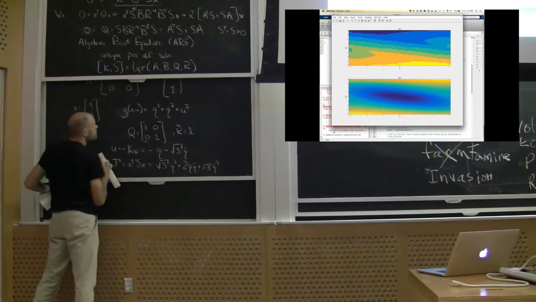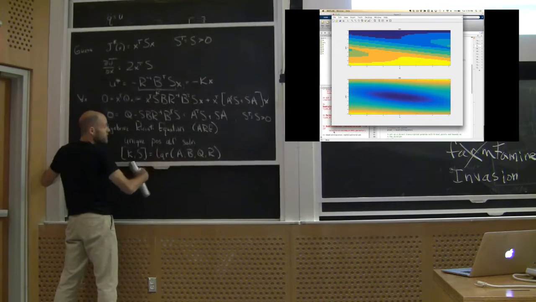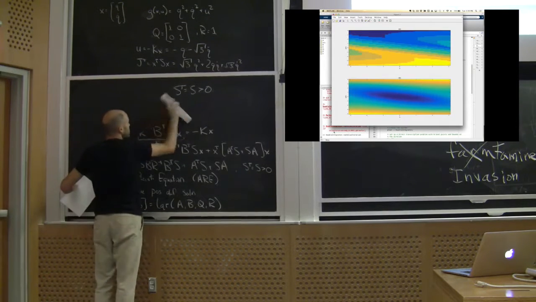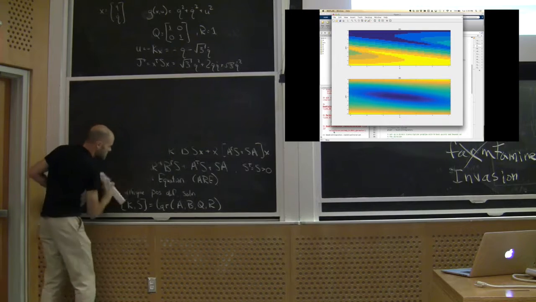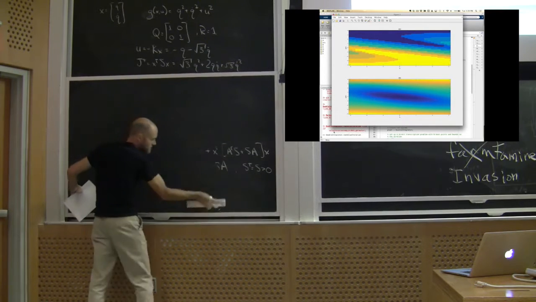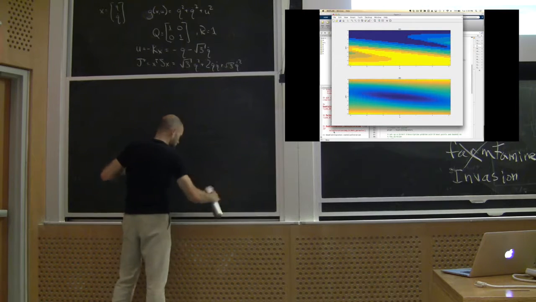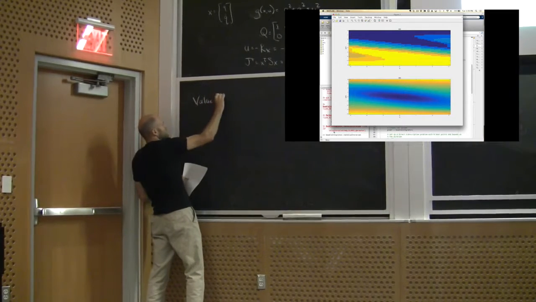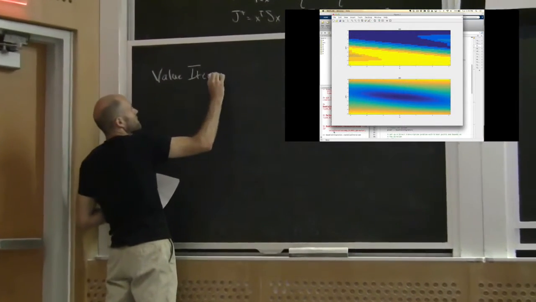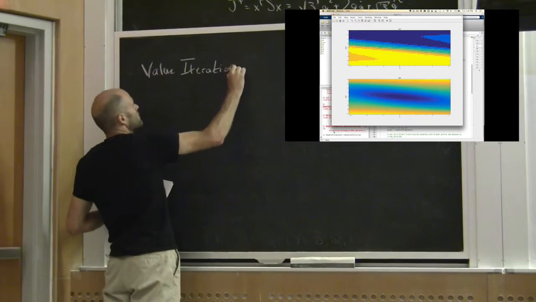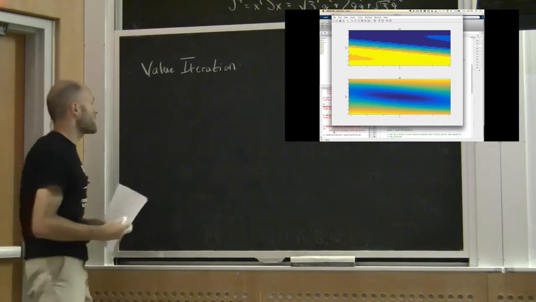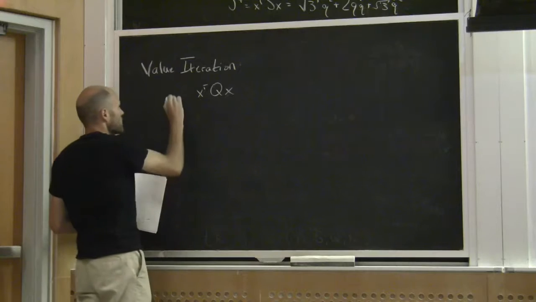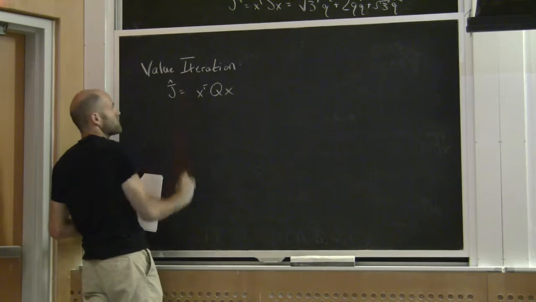Okay, so you can think about what the value iteration is doing as starting with the one-step cost. What the value iteration roughly does after one step, if I initialized my initial guess to 0, then after one step, I just have my estimate for the cost to go starts like this.